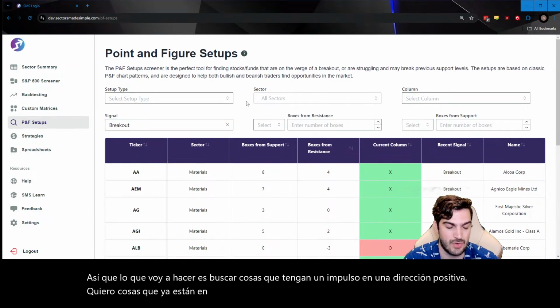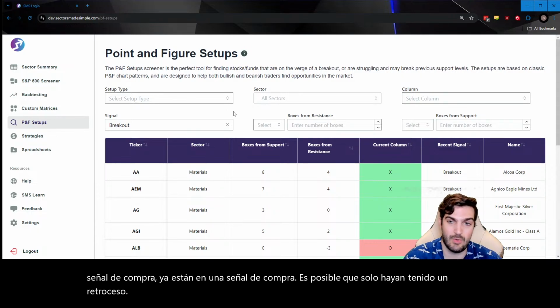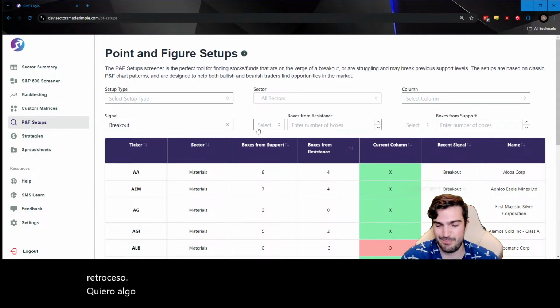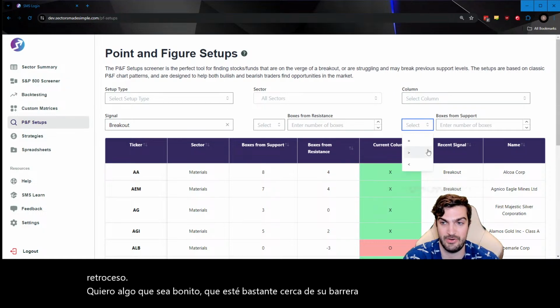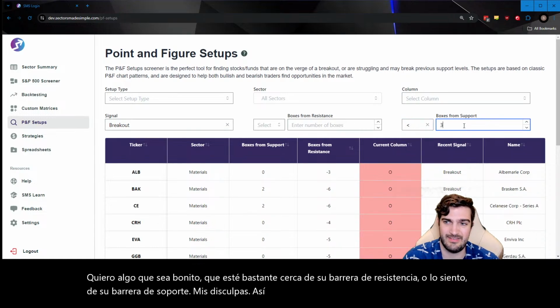That way they're not trying to break into a buy signal. They're already in a buy signal. They might have just had some pullback. I want something that is pretty close to its support barrier. So I want something that's less than 3 boxes.